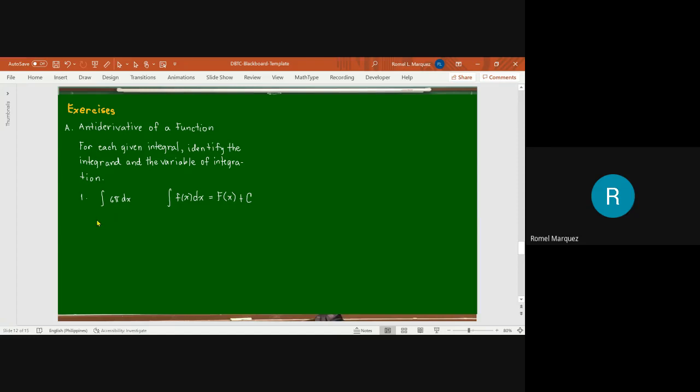What about the variable of integration? This is to be evaluated, so the integral is to be evaluated relative to what variable? Relative to x, okay? So the integrand is 6 pi.